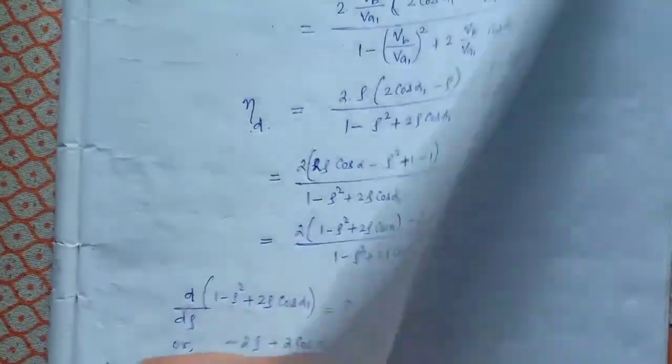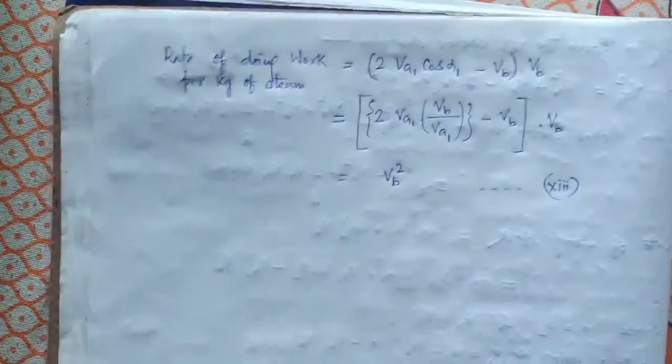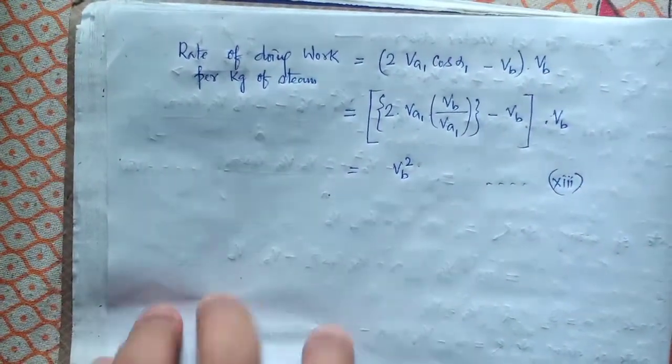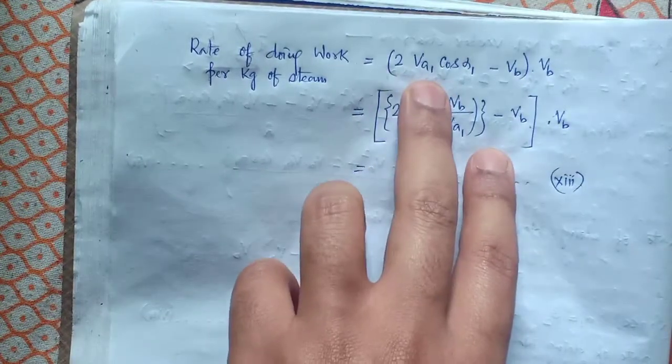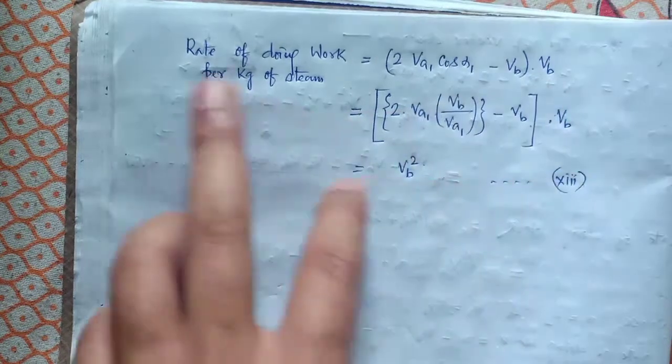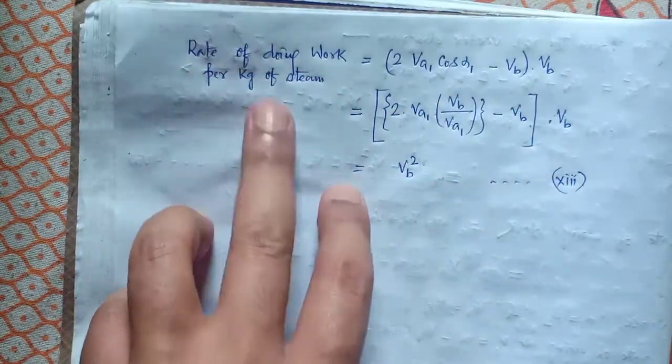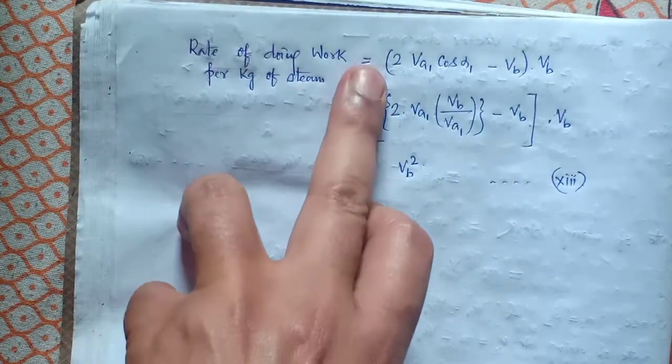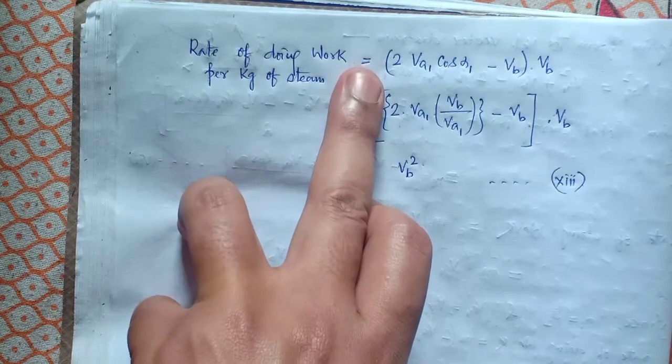Now corresponding to maximum diagram efficiency, the rate of work done will be equal to 2 into VA1 cos alpha 1 minus VB, into VB. This rate of work done is per kg of steam; that is why M is absent.